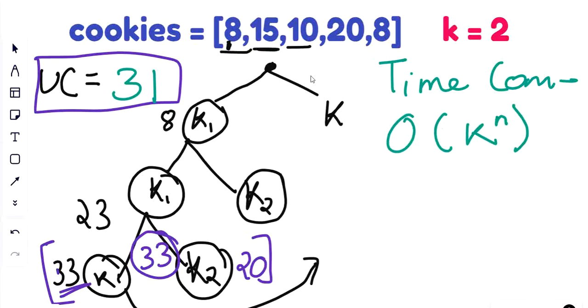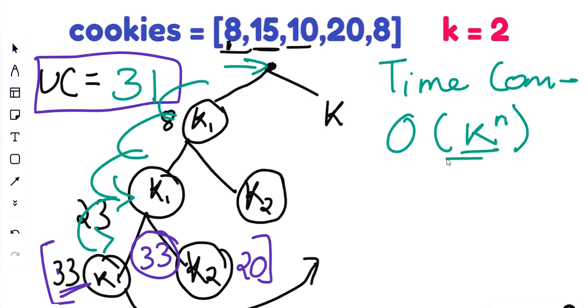Because we are checking n possible depths or n possible combinations for the number of kids, right? So if there are 3 kids, there will be one more partition like this, and we will be checking for those 3 kids, and we are checking all the combinations for the number of kids. That's why the time complexity is big O of k to the power n.